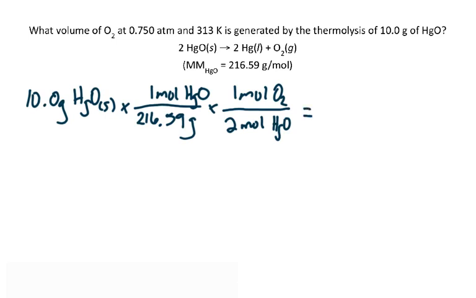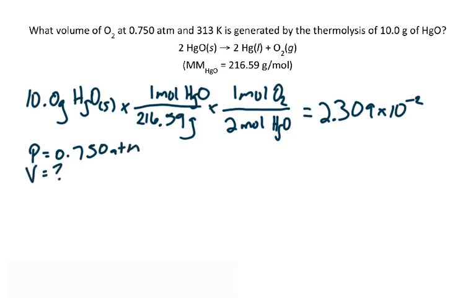So we can multiply that all out and then find our moles of oxygen. So I get an answer of 2.309 times 10 to the minus 2. That's my moles. Here I am given that my pressure is 0.750 atmospheres. I'm looking for my volume.